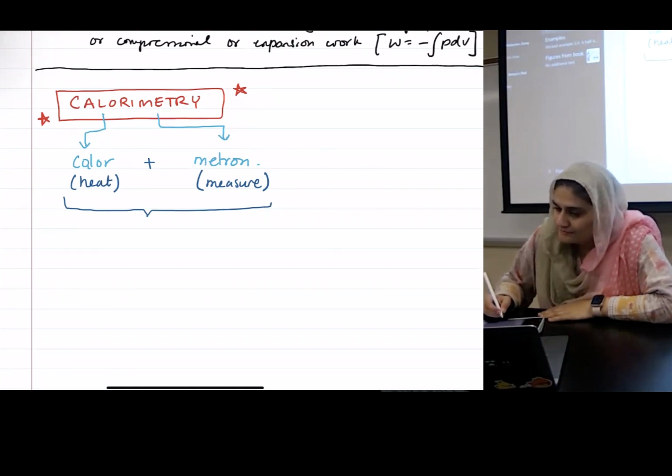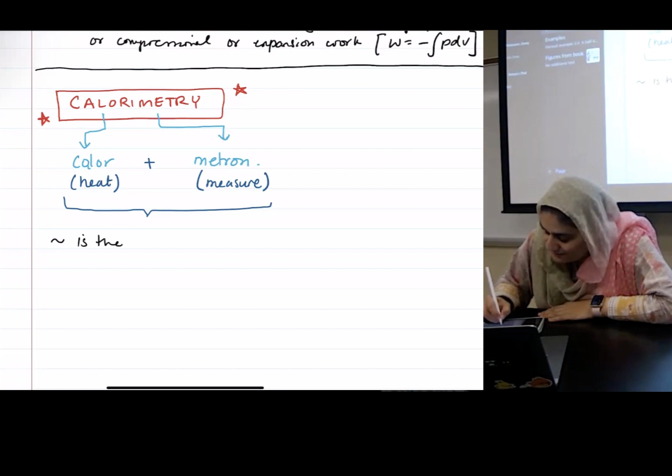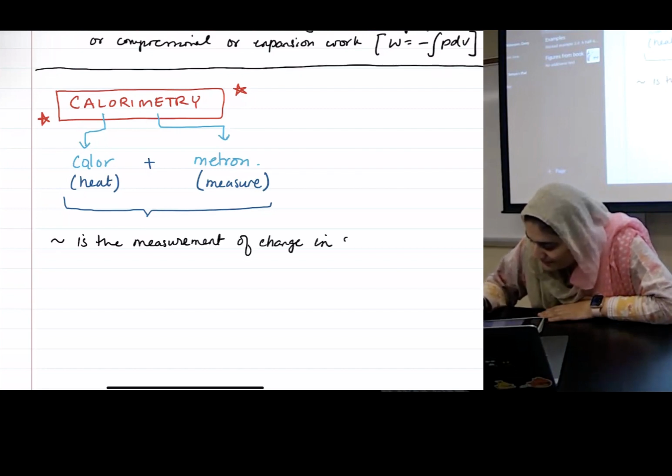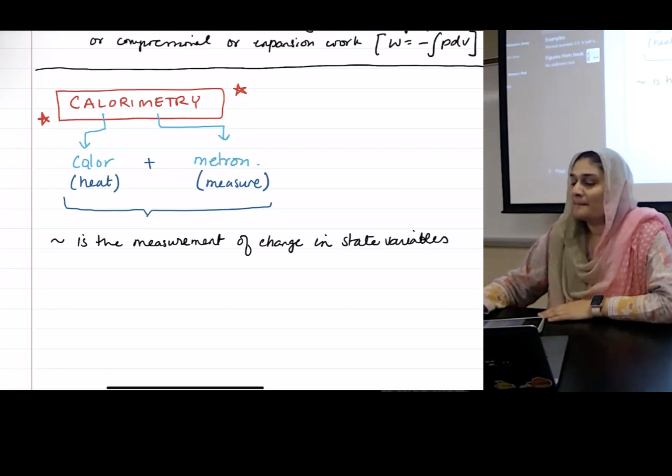So combine those two words together and say that calorimetry is the measurement of changes in state variables, which could include what, and what?